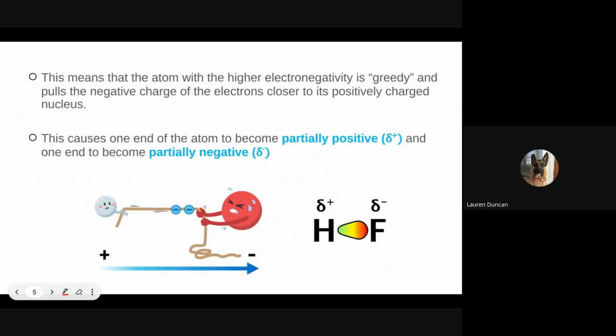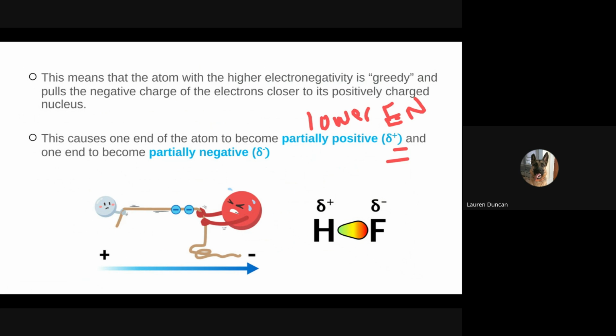That unequal sharing creates partial charges on either side of the bond, partial positive and partial negative poles. The atom with the lower electronegativity value, that says lower EN, is going to be the partial positive end of the bond, the one that's going to lose the bonding pair of electrons.